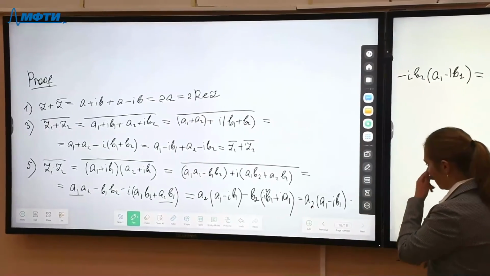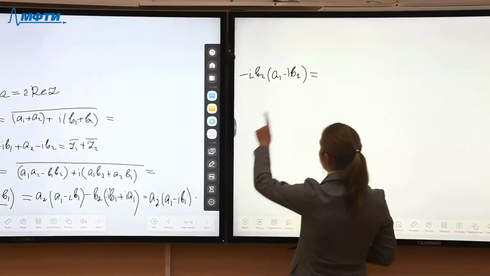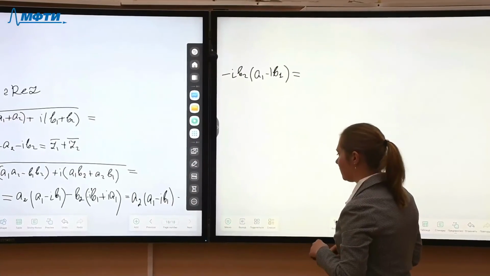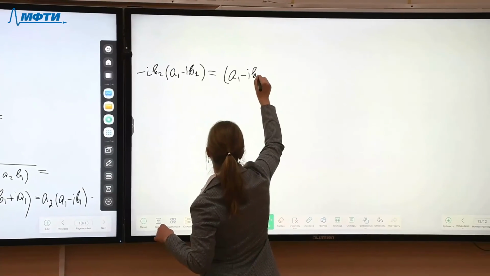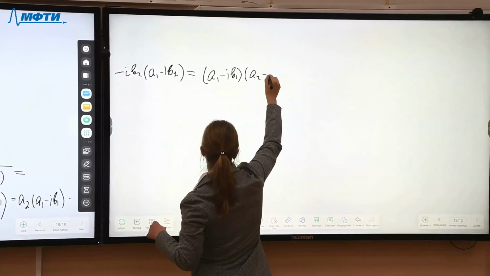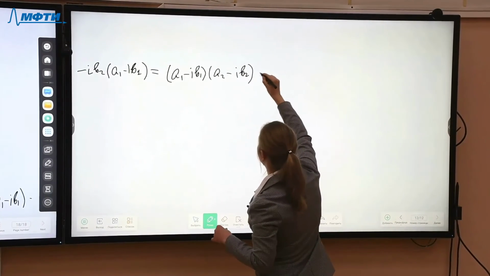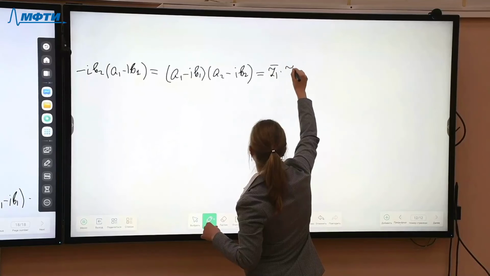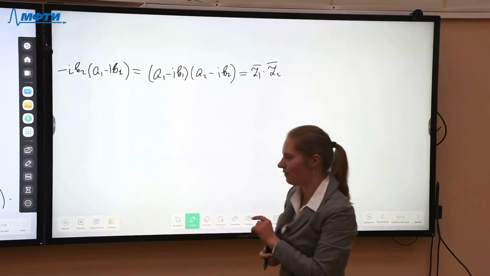And now we have the same term here, a1 minus i b1 and a1 minus i b1. So let's collect, and we have a1 minus i b1 times a2 minus i b2. Yeah, this is the conjugate of that one. This is the conjugate of that two. So we have proved number 5.